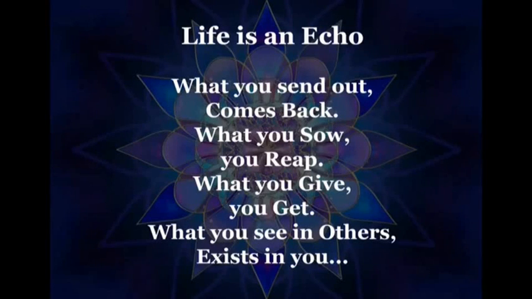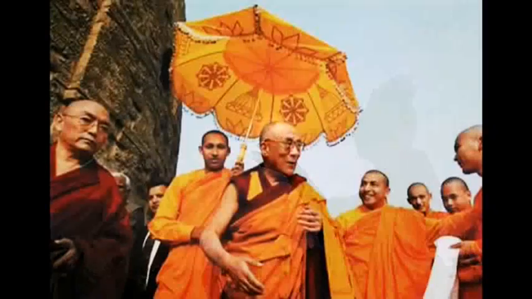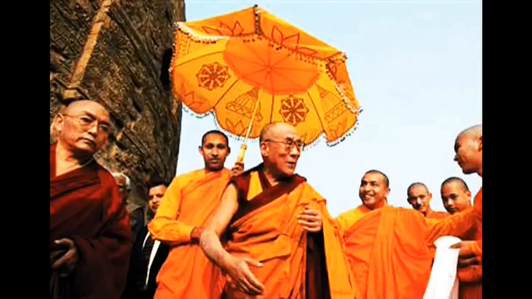However, there are a few enlightened bodhisattvas who are superior beings and who can control the time and place of their future births. The most well-known of such people is the Dalai Lama. It is believed that the Dalai Lama is the same soul born again and again.